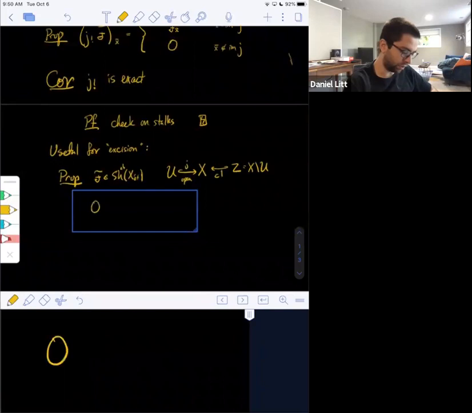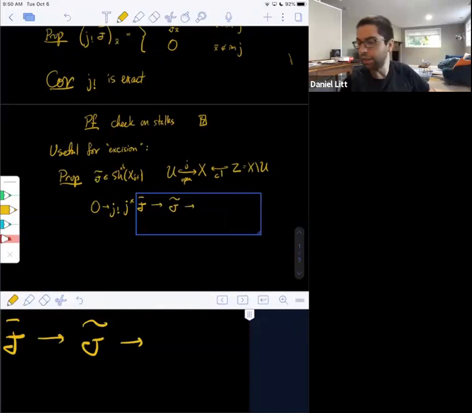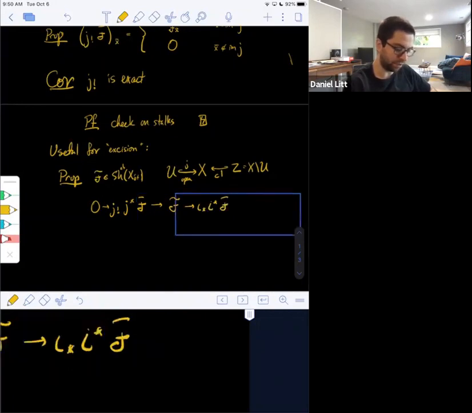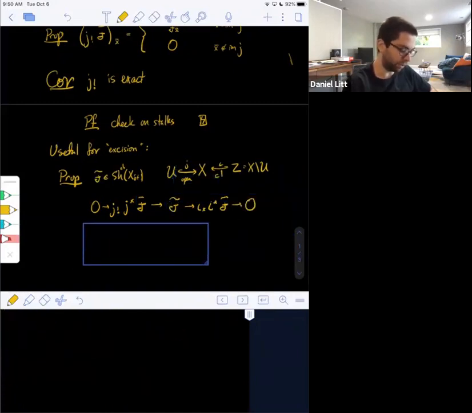Then there's a short exact sequence where we take our sheaf F, pull it back to U, and extend by 0 first. This I claim is going to map to F, and we'll see that map in a second. And then I claim the cokernel is i lower star of i upper star of F. So we pull back to Z, and then push forward again. So the claim is that there's a sequence like this which is exact.